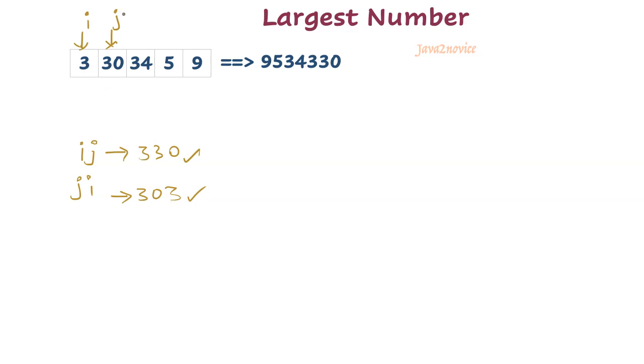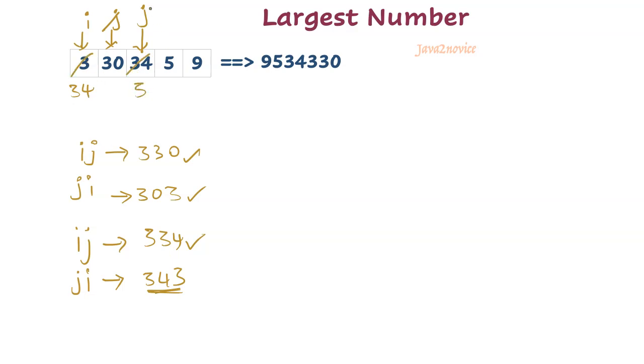In the next iteration, j will be here. ij will form 334 and ji will form 343. Since 343 is bigger than 334, we will swap i and j. So 34 will be here and 3 is here.